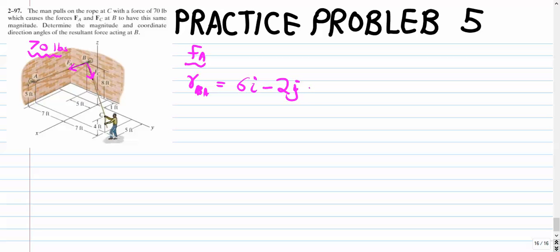And finally, it goes negative 3 meters in the z direction. So now we can find the magnitude of this length vector, simply applying the magnitude formula.